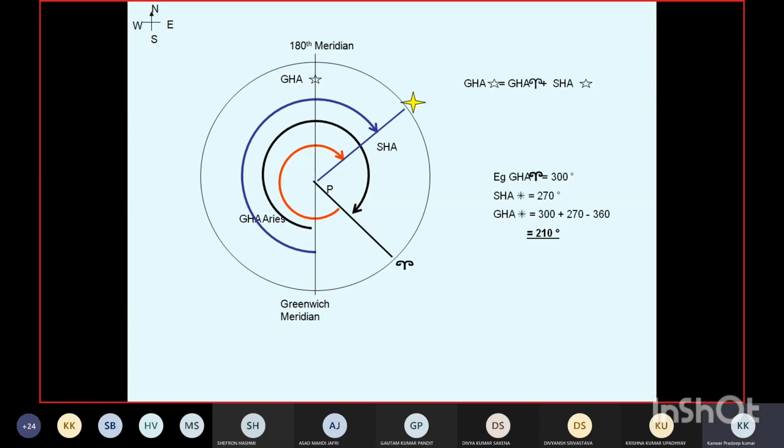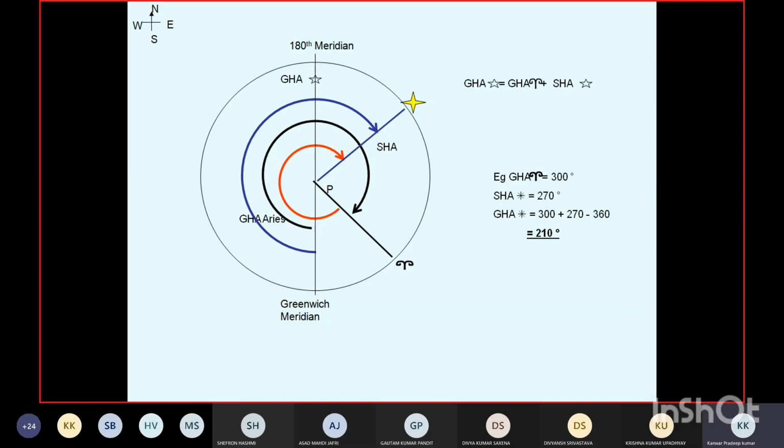GHA Aries, 300 degrees. SHA star is equal to 270. Red line. So GHA star is equal to, you minus 360 if it is more than that, so it becomes 210 degrees.